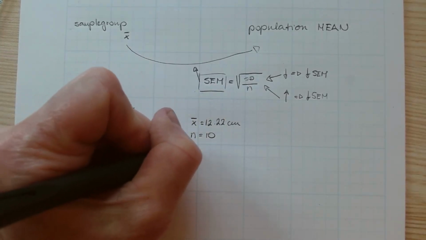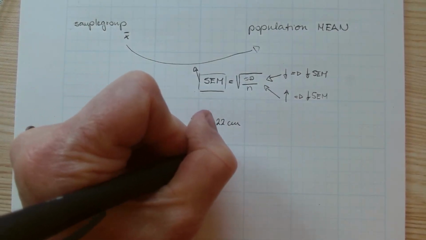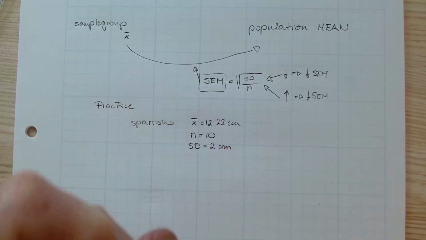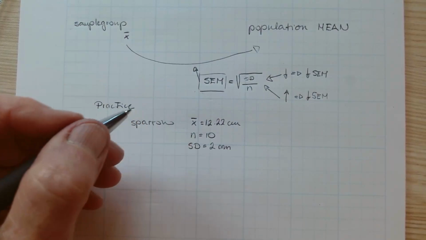The standard deviation from our data will be 2 centimeters. And we figure this out from the sample data, but not at this time.